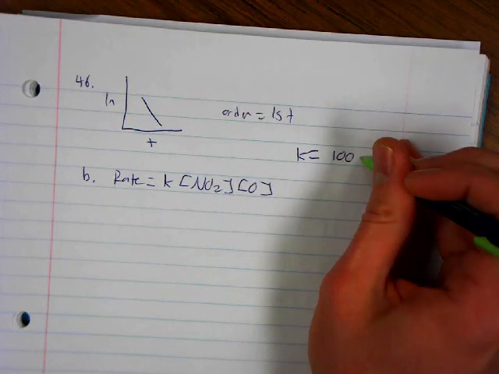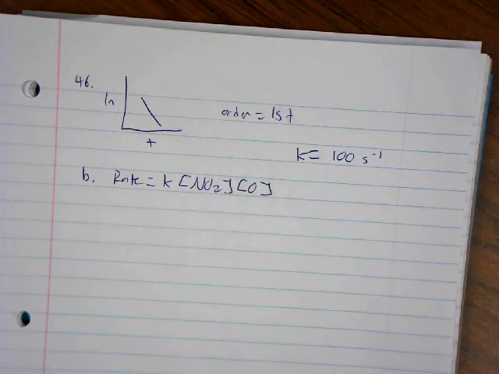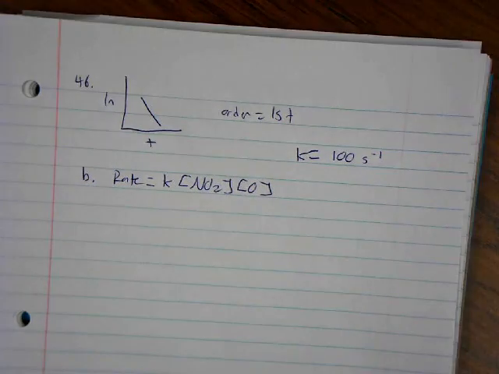And we got the k from the slope. What was your k from up here? It was 100.